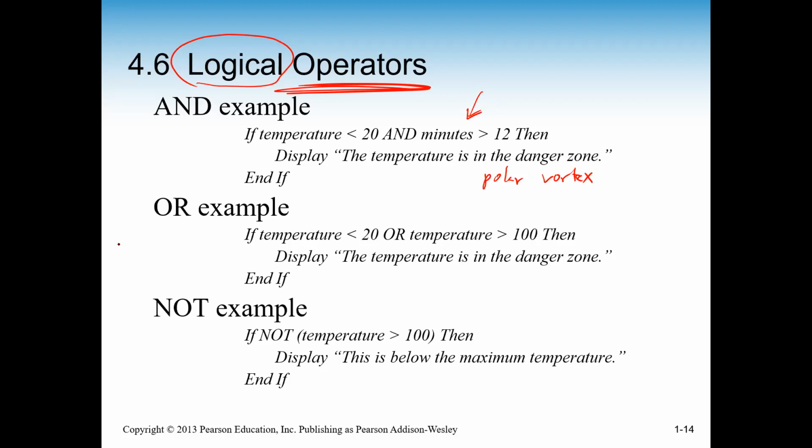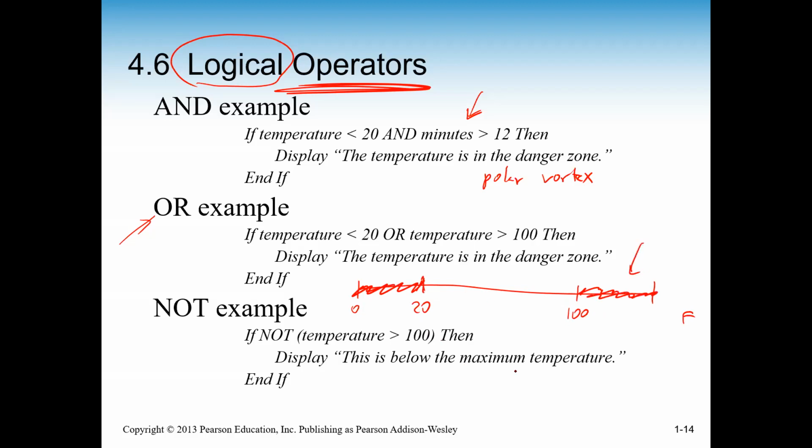Or the or example here: if temperature less than 20, still pretty cold, or temperature greater than 100. So we are actually now creating a range. The best way of thinking about this is to visualize it. Say temperature here is 0, this is 20 degrees, Fahrenheit obviously, and over here this would be 100. So basically we're saying either that range or that range.